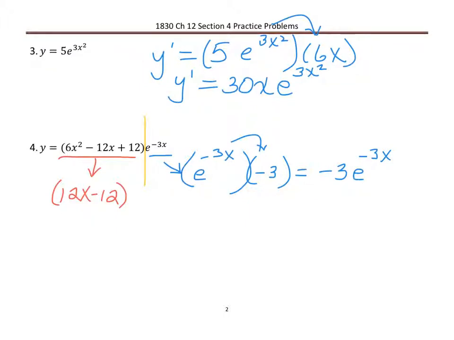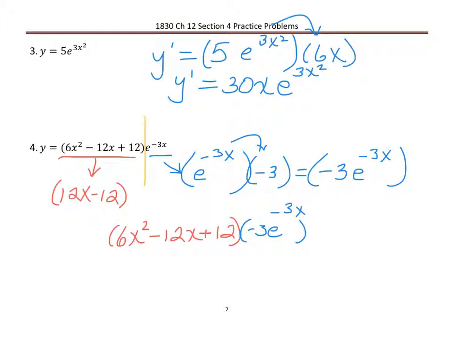And then the product rule says that we will take the first expression 6x squared minus 12x plus 12, and multiply it by the derivative of the second factor. So that's going to be multiplied times negative 3e to the negative 3x.